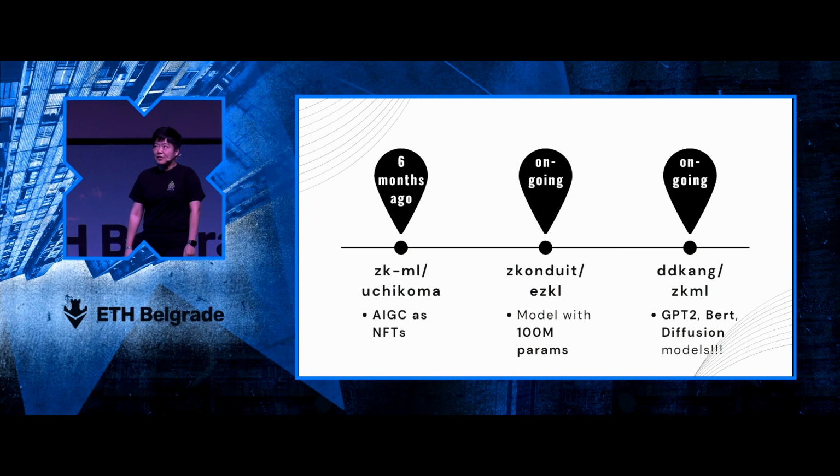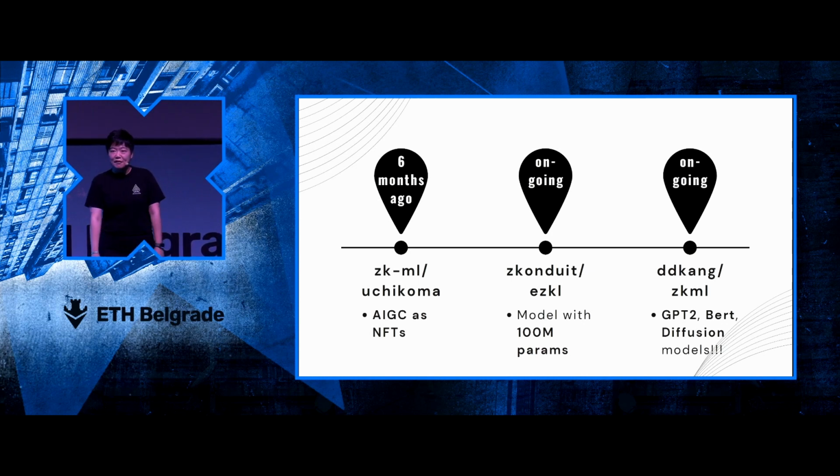So for GPT-2, I'm not on the team that does it, but the team that does it says that you need a machine with on the order of tens of terabytes of RAM in order to perform the whole proof trace of this GPT-2 model. So that's the order of magnitude we're talking about, at least for now. Okay. Thank you very much.